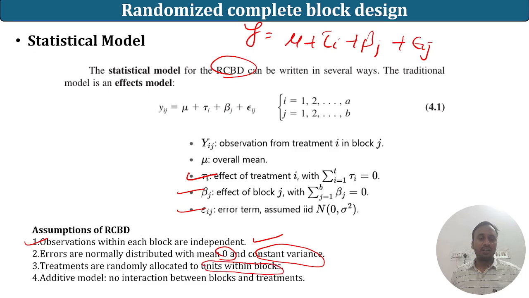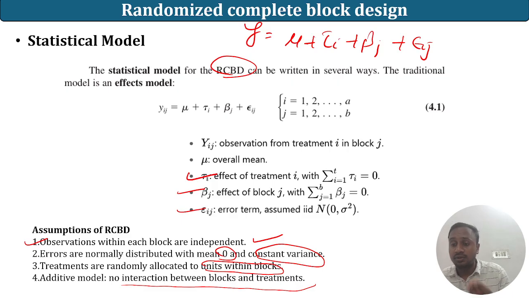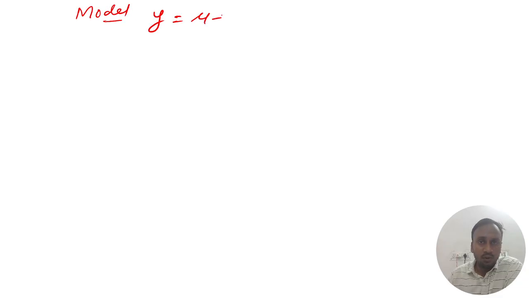One more: additive model, no interaction between block and treatment. Whenever there is an interaction, it comes under two-way ANOVA, not one-way ANOVA. So how can we make the model? Y equals mu plus treatment plus block plus e_ij.